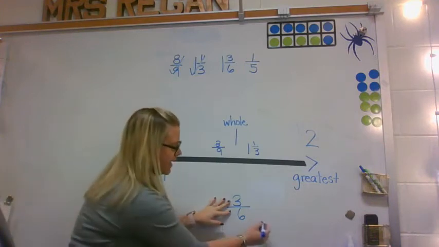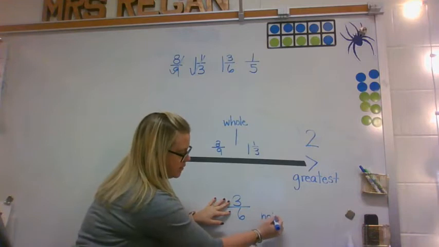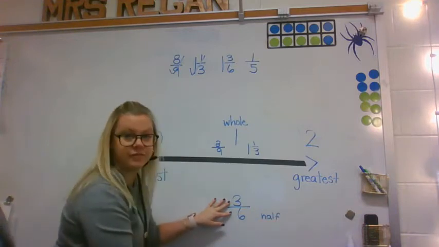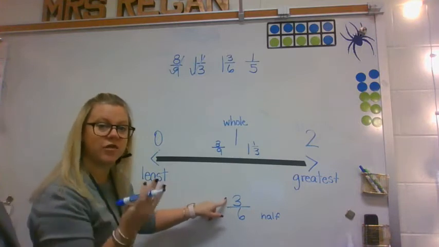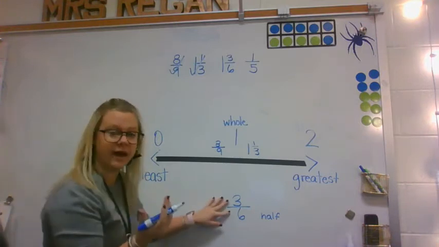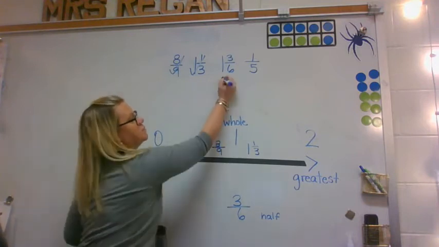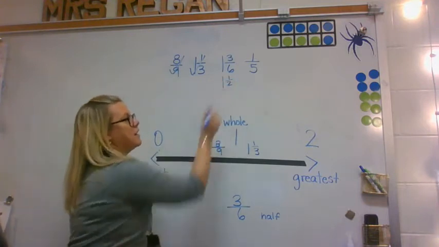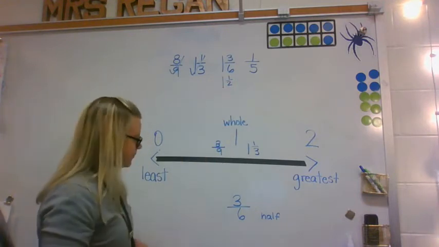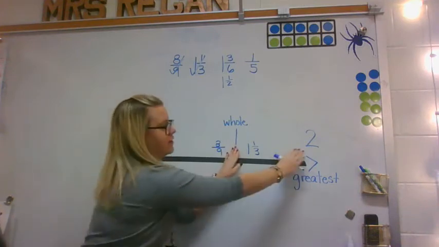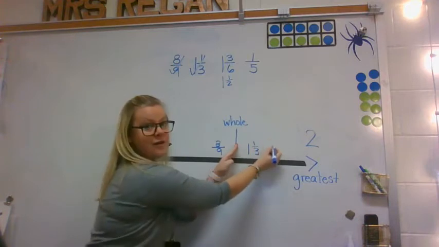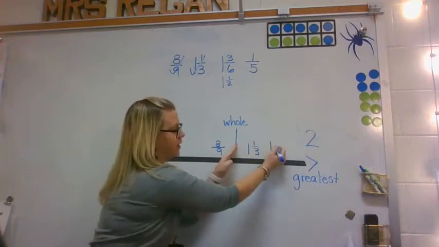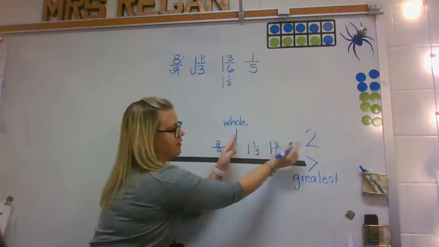What number is half of 6? It's 3. So this is an equivalent fraction for 1/2. So 1 3/6 is really the same as 1 1/2. So I know that I need to go to 1 and then halfway between 1 and 2. So 1 and 3/6 goes halfway.